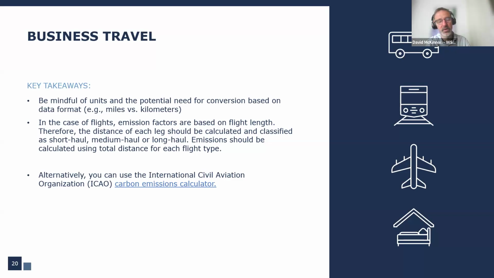So it's probably, all things equal, easier. It also has an API, so if you're a larger company that has a lot of flights, you can actually just plug directly into it and use your own internal data on the flights that you take to automatically calculate all of your business travel emissions.